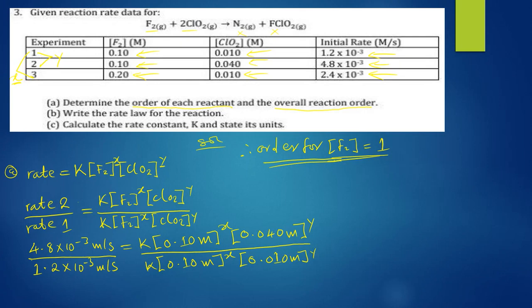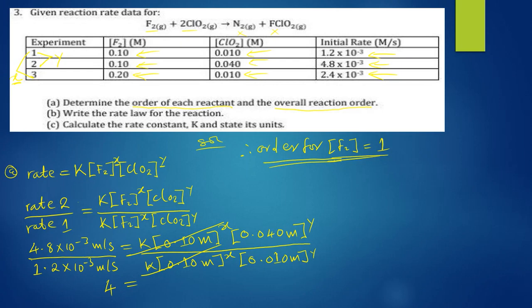And then here, what do you do? So here, the same thing that we did on the first part. So when you divide 4.8 times 10 to the power negative 3 divided by 1.2 times 10 to the power negative 3, what do you get? You're going to get 4, like that, is equal to, and then this side you can cancel this, it's common, so it's going to give us 1.